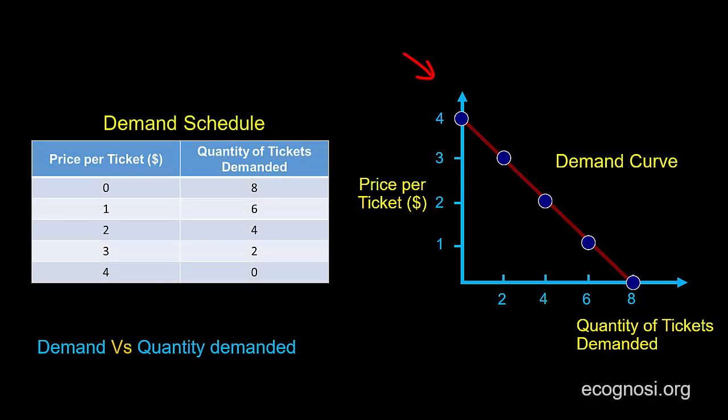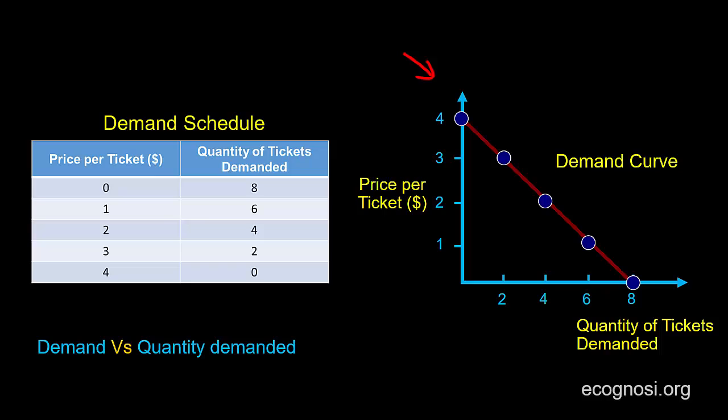They reflect the entire relationship between price and quantity demanded. Between the two, the demand curve is a better way of capturing demand because it's a continuous curve and therefore allows us to see what happens to quantity demanded at any price level, rather than just the 5 different price levels presented in the demand schedule.